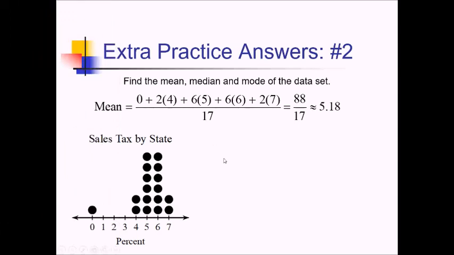All right, so now for the median, we have to basically pick the middle item when all of these are put in order. Now, since this is a dot plot, these are actually all in order. So we just have to cross off numbers on either end until we get to the middle number. So we've got the 0 and one of these 7s. And then we have one of these 4s and the other 7.